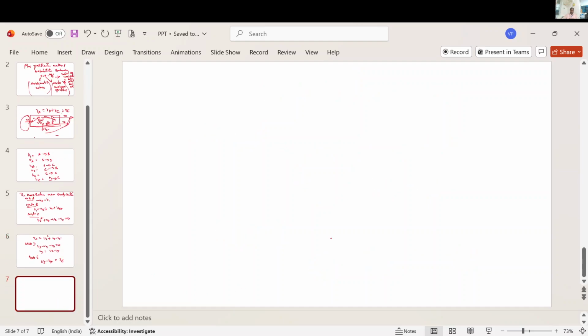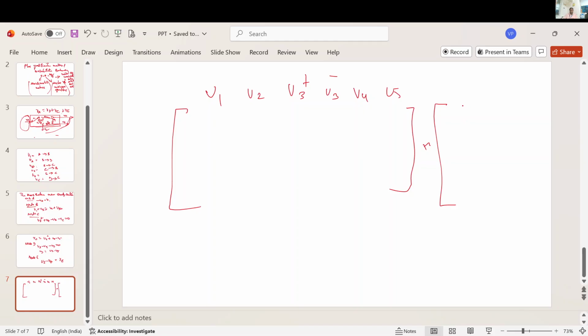The matrix, how we can create it for this, is let us take V1, V2, V3 plus, V3 minus, V4 and V5, within the bracket, into the whole thing.